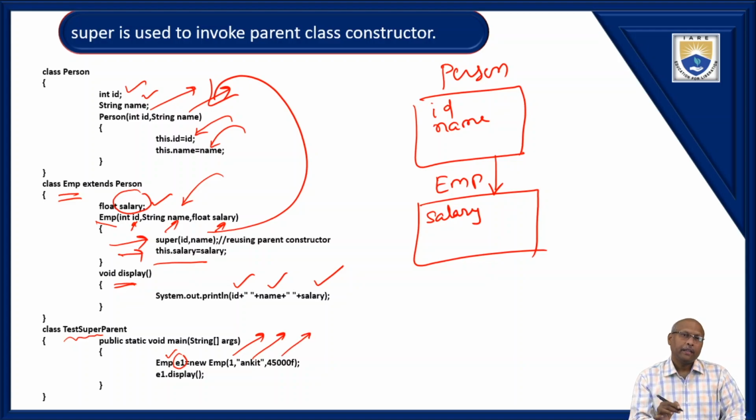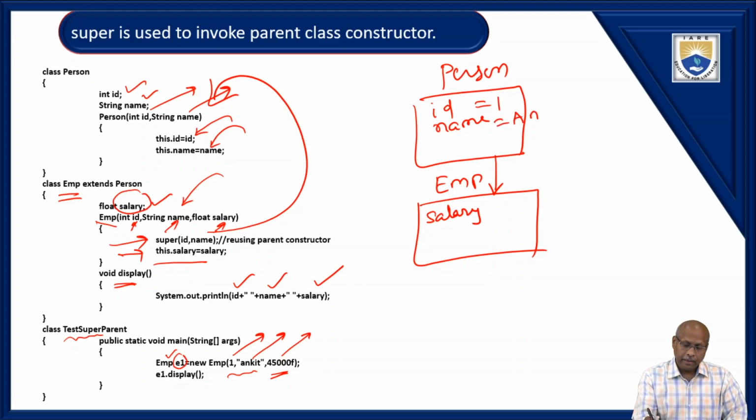But where are these three available? Two are available in the parent and one is available in the child. So automatically 1 and Ankit go to the parent's ID and name because you are calling the super constructor. Then 45,000 goes to my child.